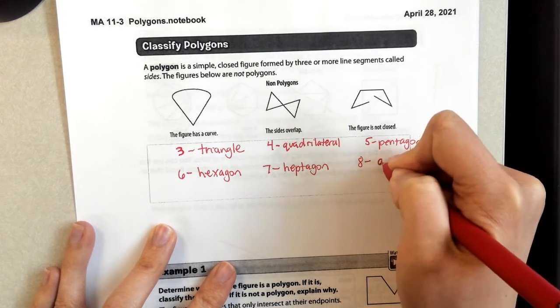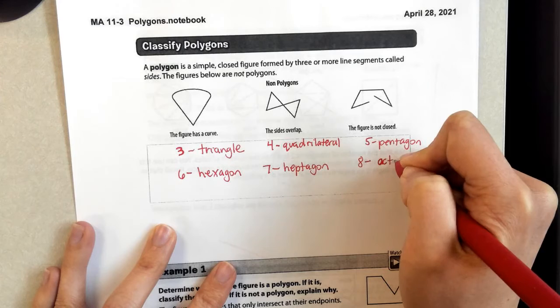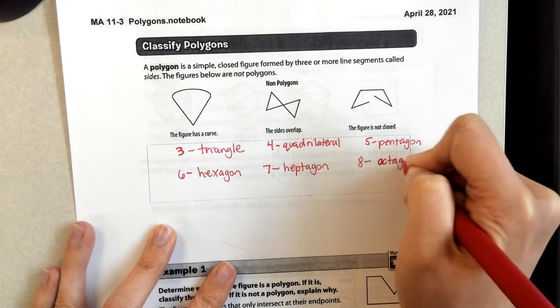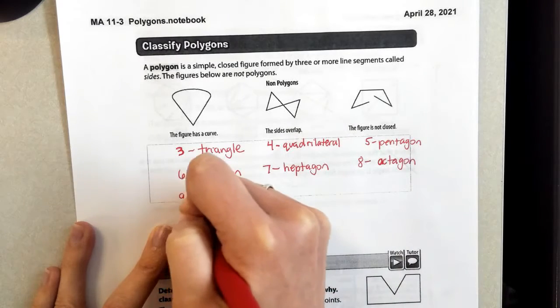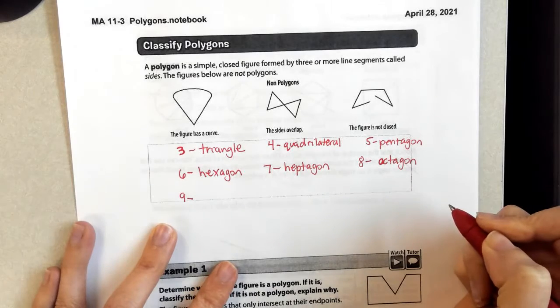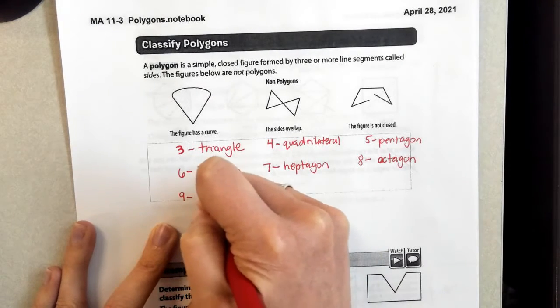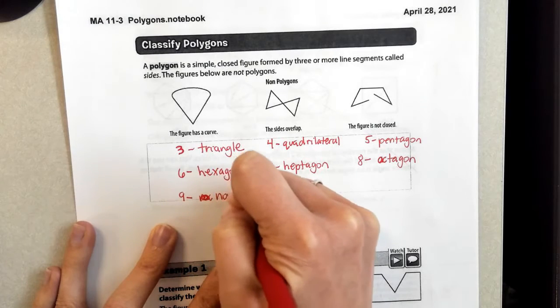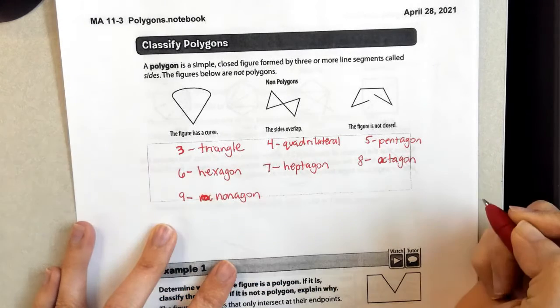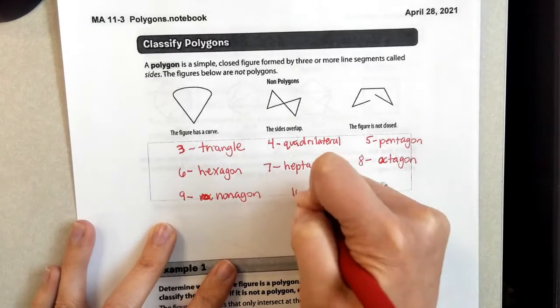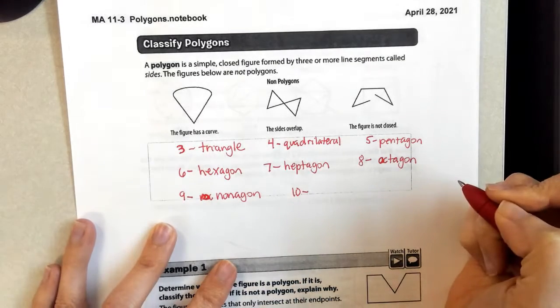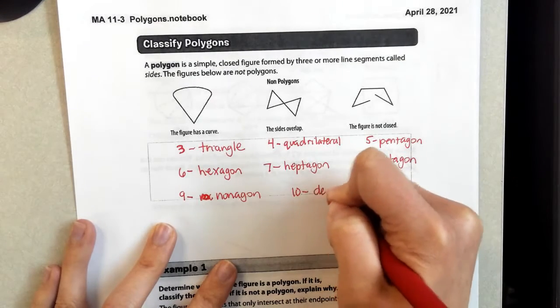Like an octopus, that's an octagon. 9, again, that's a trickier one. Nonagon. And 10 is decagon.